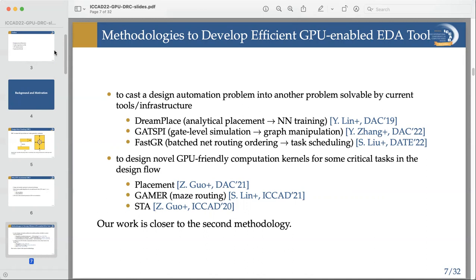And with the current infrastructures, researchers can focus more on the problem formulation and customization and do not have to build everything from scratch. And the second methodology is to design novel GPU-friendly computation kernels for some critical tasks in the design flow. Examples we have seen include the placement, maze routing, and the STA stages. And our work is closer to the second methodology here.